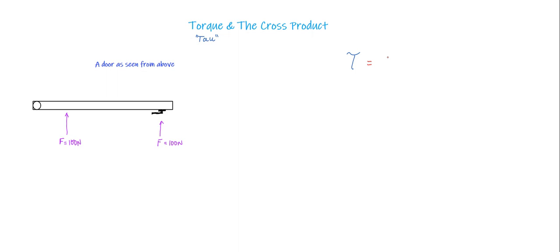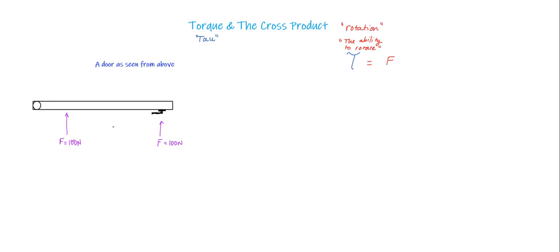So we showed that the harder you push, the more the door rotates. When I think of torque, I think of the ability of a force to rotate. Now, that's not the best definition of what torque actually is. Another way you could think of it is the rotational ability, or the rotation of the door.